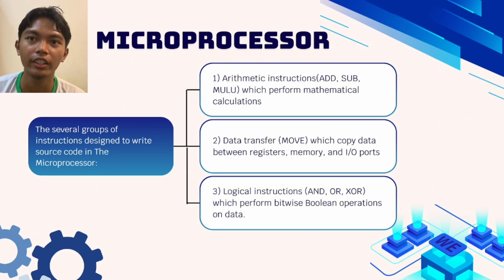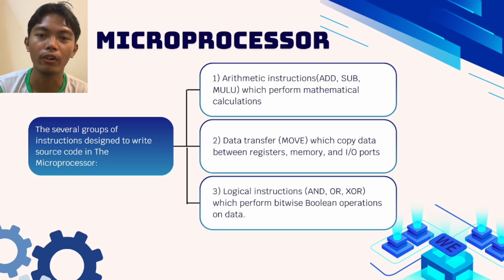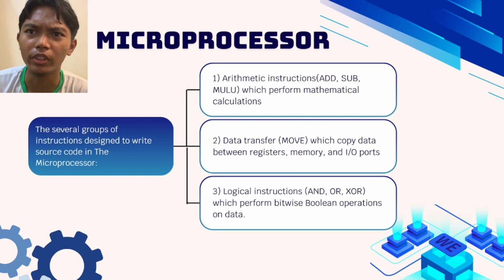The second, data transfer: we almost use MOVE, which copies data between register, memory, and input-output ports. The last is logical instruction. For example, we have AND, OR, or XNOR, which perform bitwise Boolean operations on data.